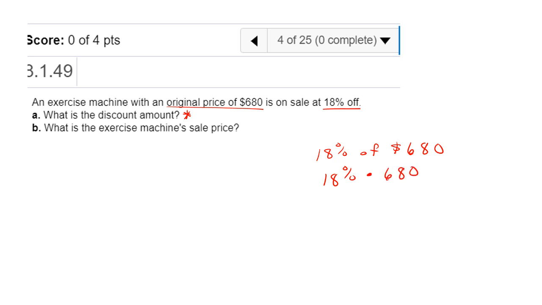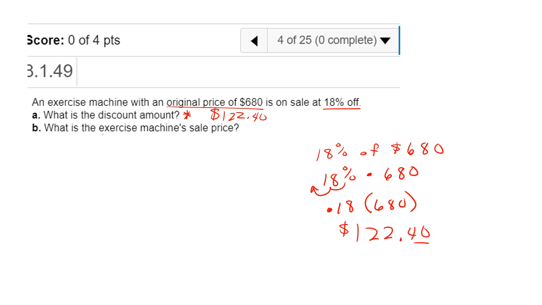A good rule of thumb is to remember the word of means multiply. But remember, you have to move the decimal over in a percent. So that's really 0.18 times 680 with the decimal. And you could quickly use a calculator for that. You end up with 122.4, which in dollars and cents would be $122.40. Then that's just the discount.